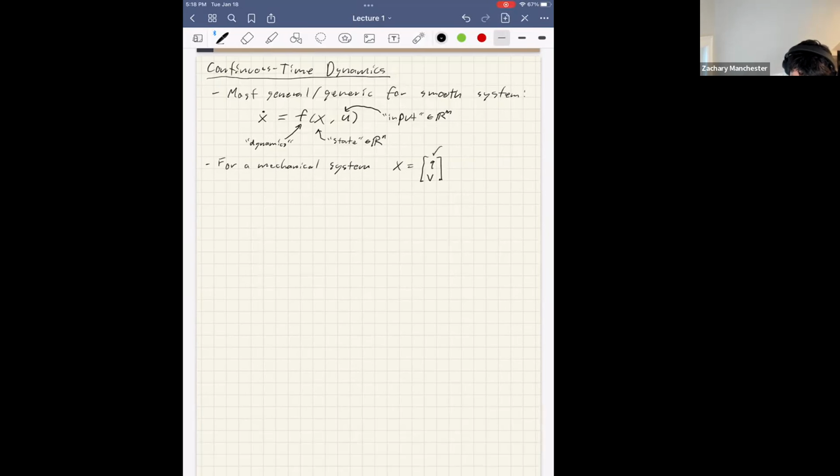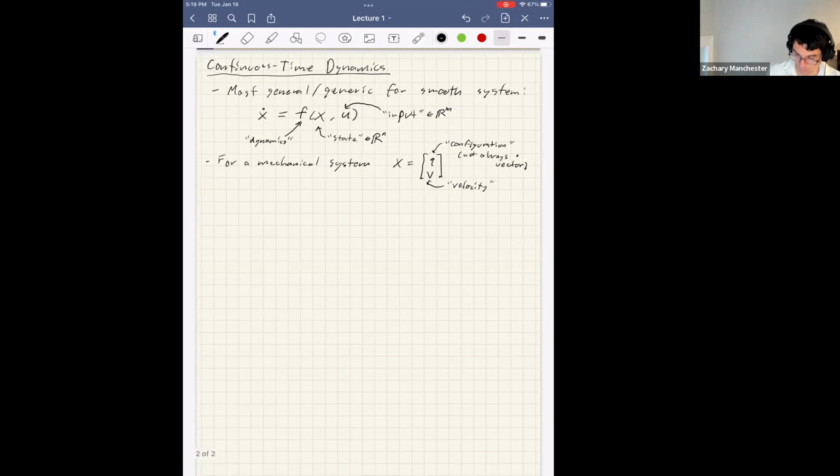So this is called the configuration. And in particular, this configuration q is not always a vector. That's going to be important later. But v is always a vector. Okay, any questions about that?